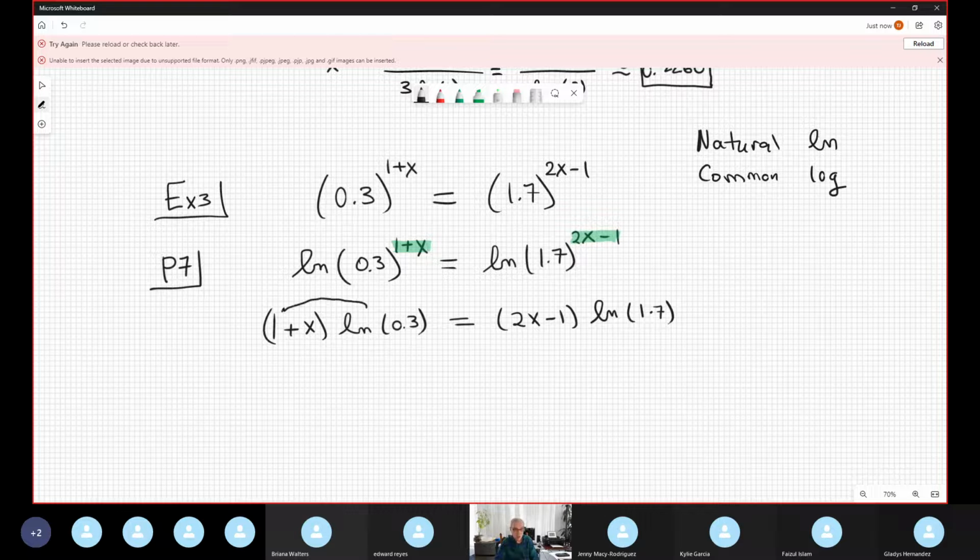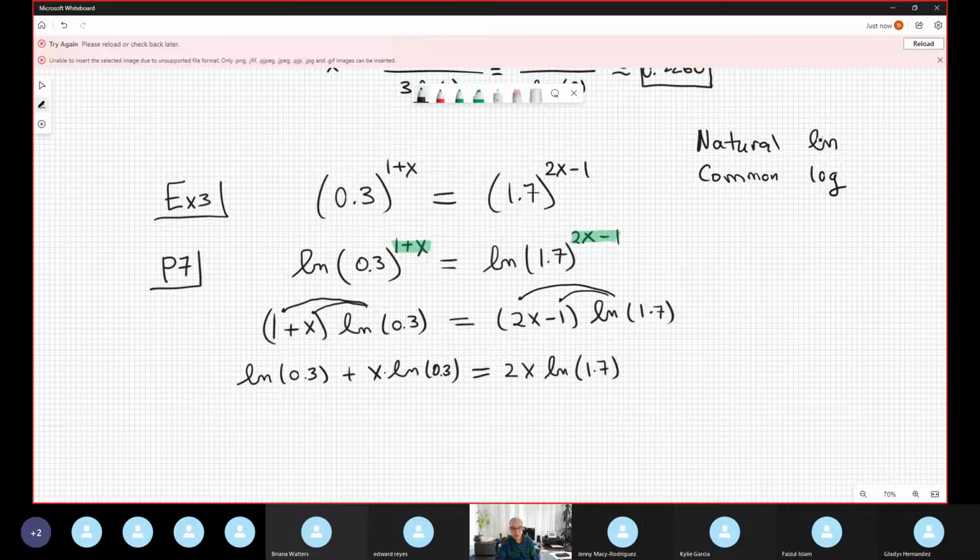You apply the distributive property in order to remove the parentheses. It says 1 times ln of 0.3 plus x times ln of 0.3. The operation in between is times, but I suppose by default, not necessarily, right? Now distribute again here, and here is 2x ln of 1.7 minus ln 1.7.